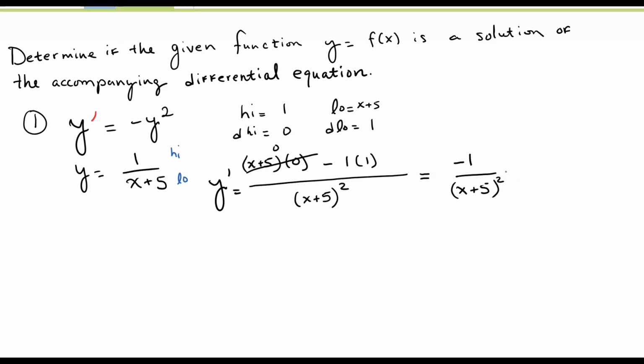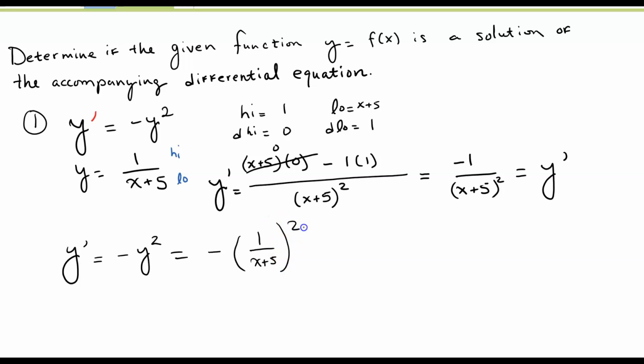Now that we have found the derivative y prime, our job is to verify that the relation exists, and that is that y prime is equivalent to the opposite of y squared. So we're going to check the differential equation that we were given. We substitute what we know for y, the opposite of 1 over quantity x plus 5 squared.